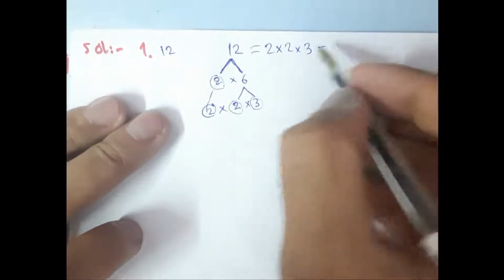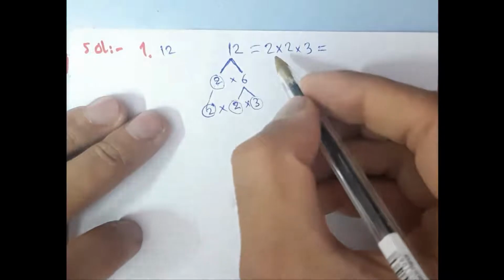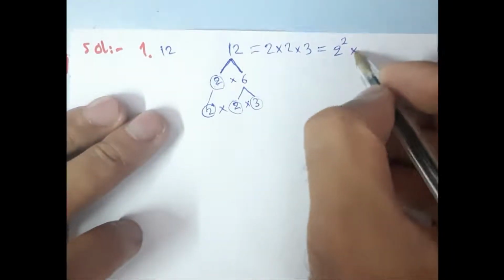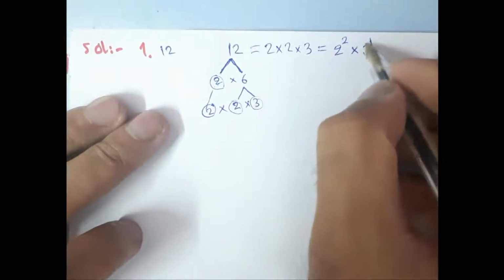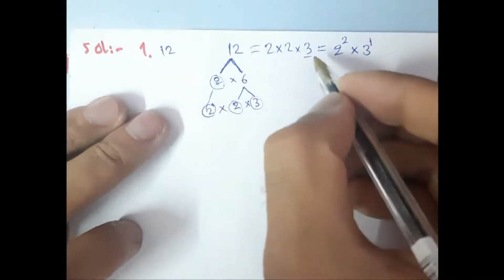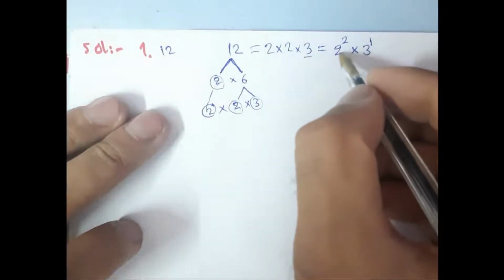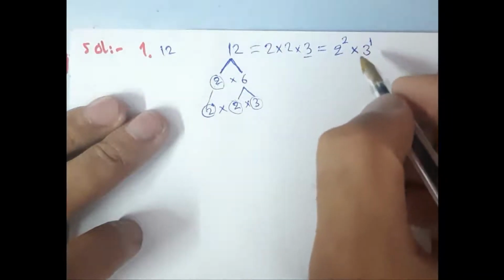By using the concept of power, because we have two 2s and one 3, we can write 2 power 2 times 3 power 1.